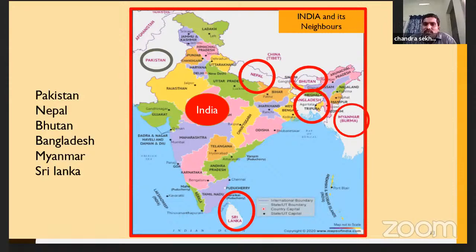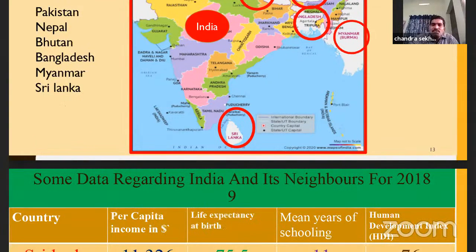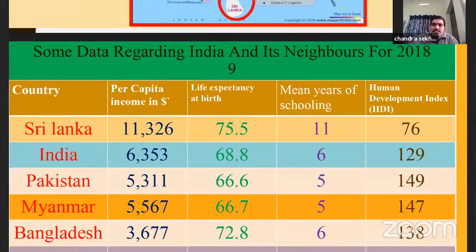These are the 6 neighboring countries. When we compare these 6 neighboring countries, India is the biggest among all of these. Now we are going to compare the Human Development Index of all these 6 countries.